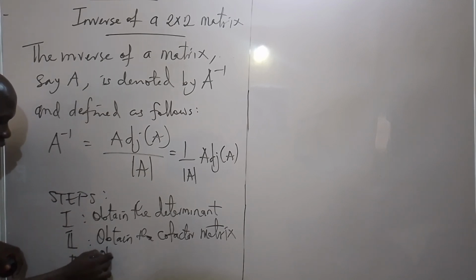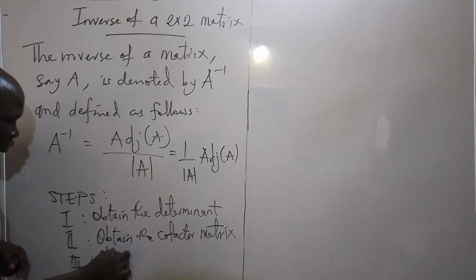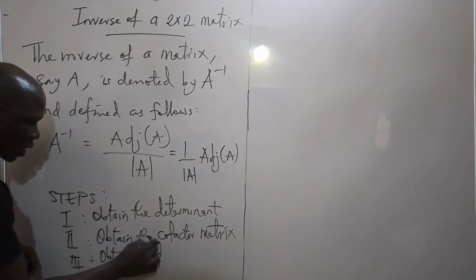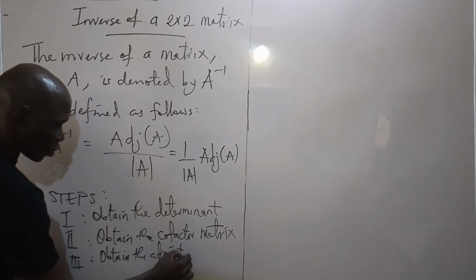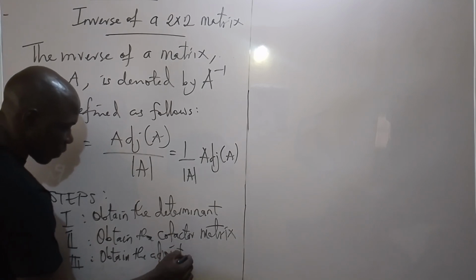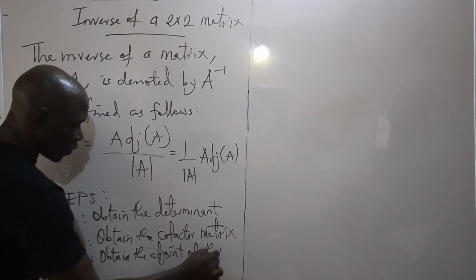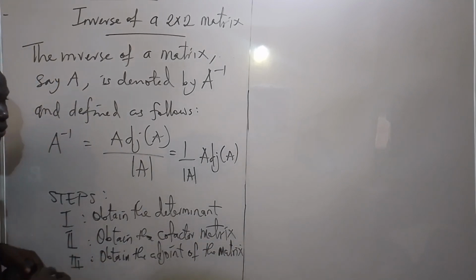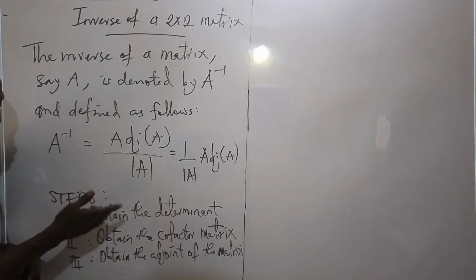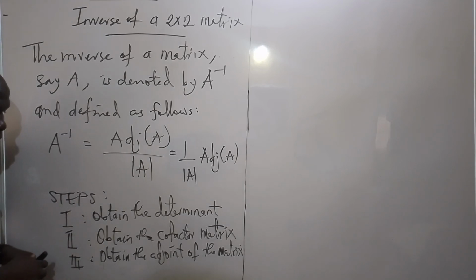Obtain the adjoint matrix, or adjoint of the matrix. This adjoint matrix can also be called an adjugate matrix. So whether you call it adjoint matrix or adjugate matrix, they both mean the same thing.